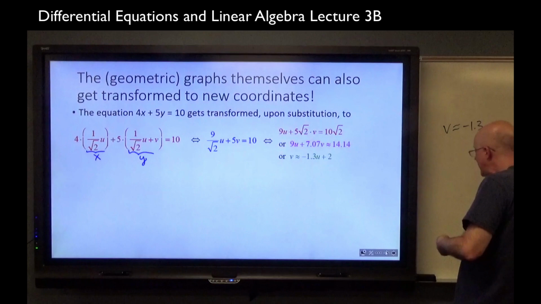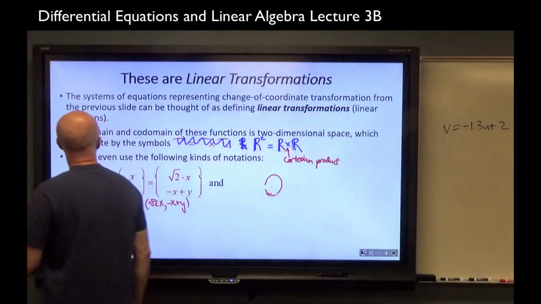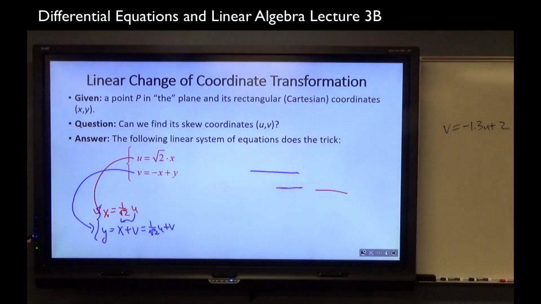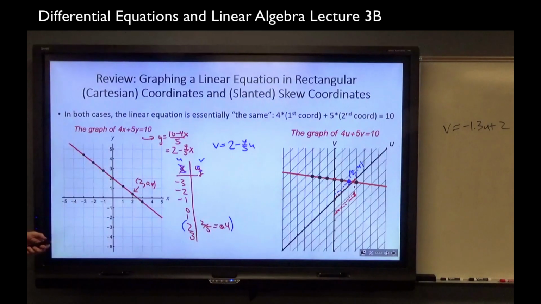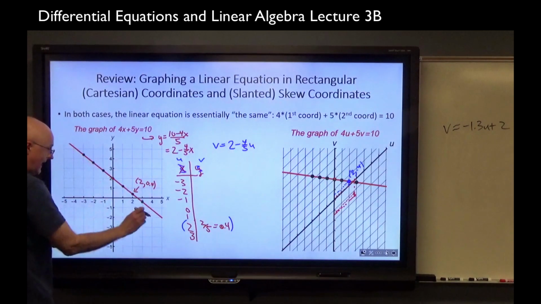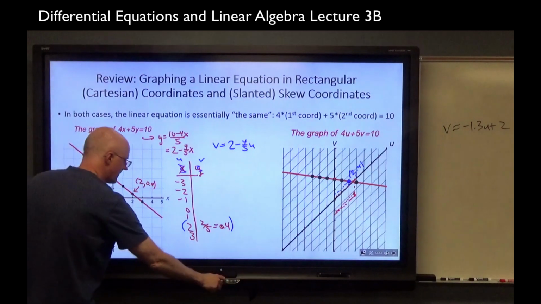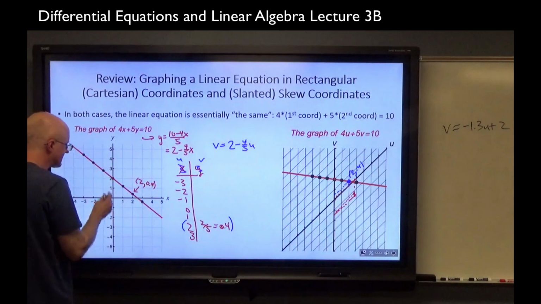Let's go back to the picture. Way back, a ways ago. This line right there is a set of points in uv coordinates. The y-axis is the same as the v-axis.